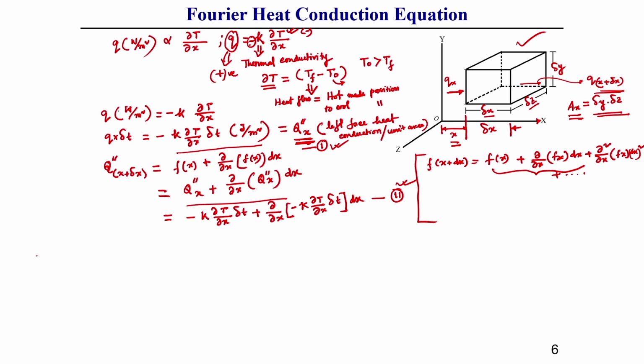So, here I am writing the heat stored in time delta t per unit area, till now I am not considering the A x area, per unit area due to heat conduction in x direction will be.